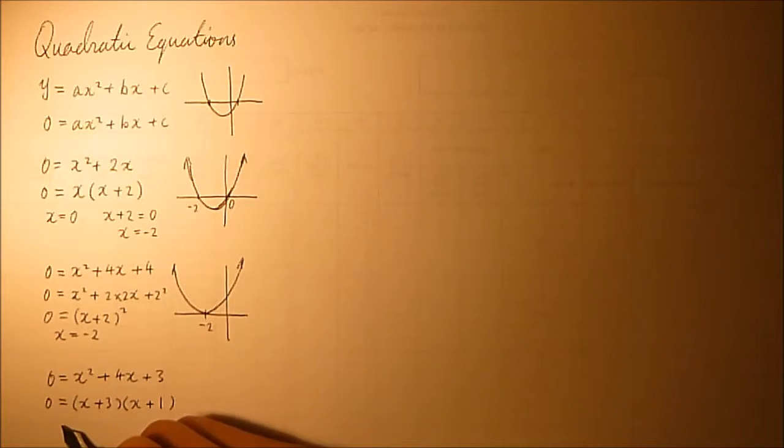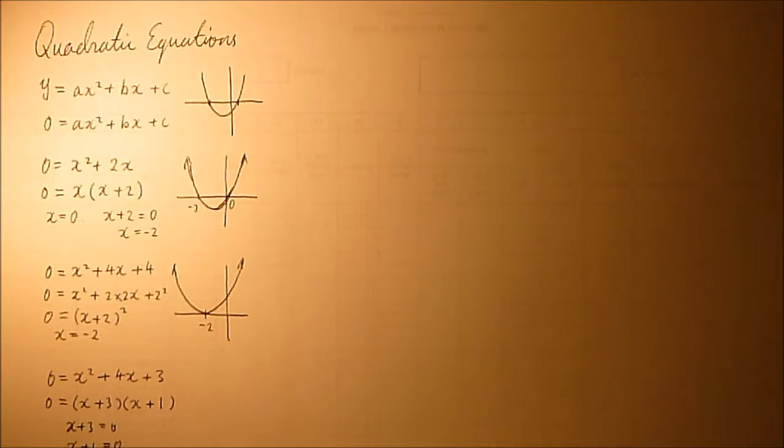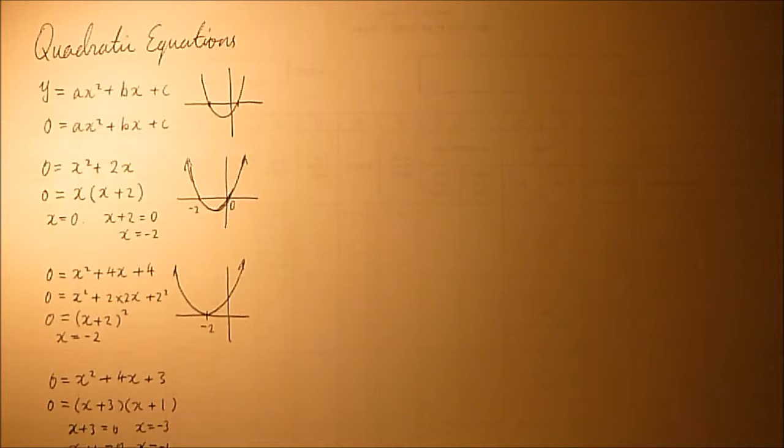Now we're looking for solutions. x plus 3 times x plus 1 has to be 0. So either x plus 3 has to be 0 or x plus 1 has to be 0. In the first case, x has to be negative 3 because negative 3 plus 3 is 0. And in the second case, x has to be negative 1 because negative 1 plus 1 is 0 as well.